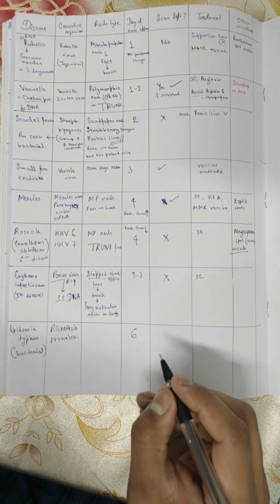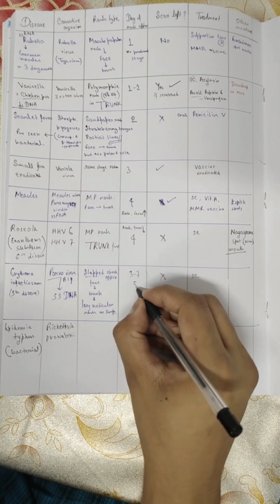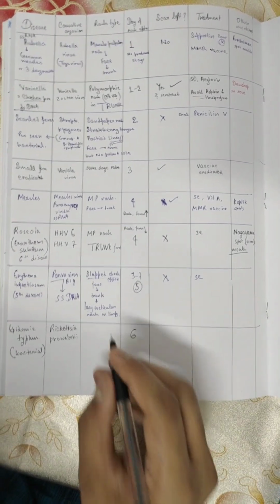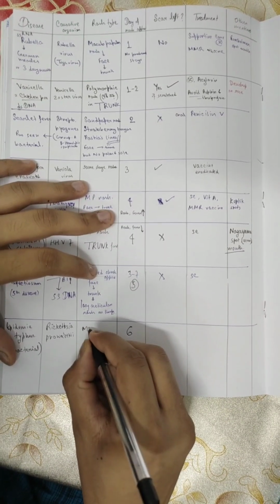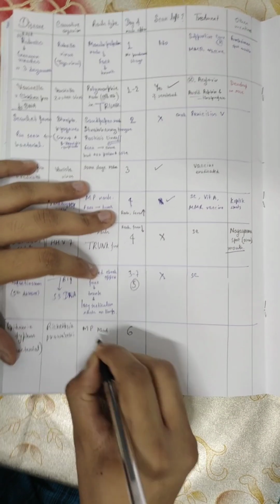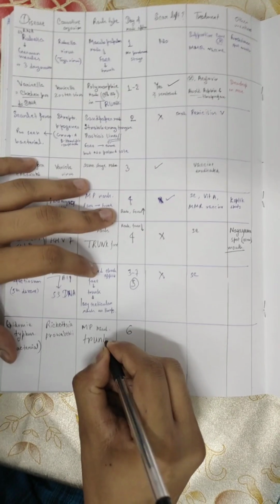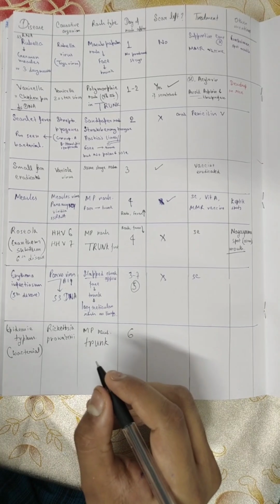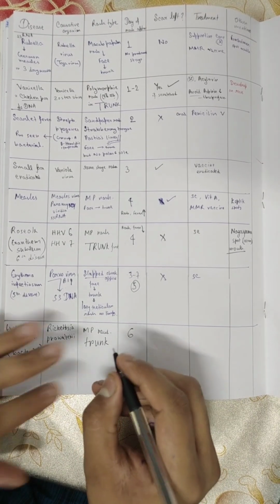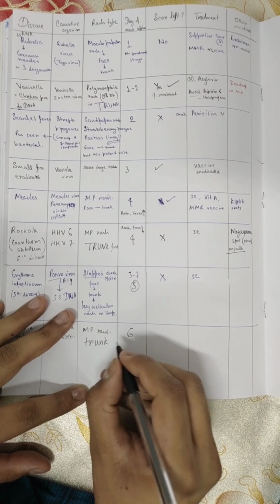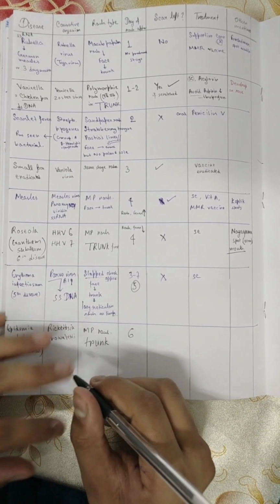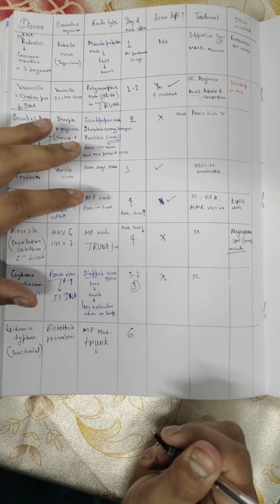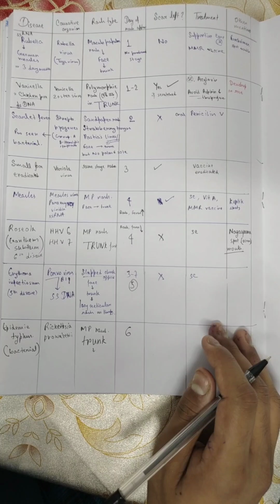It appears on the 6th day, so I can write it as 5 for my sake. Here we have as well maculopapular rash on trunk, then to extremities, but no hands and soles, palms and soles are spared.